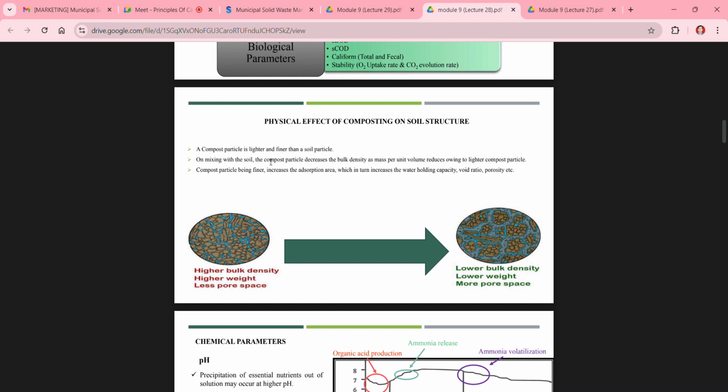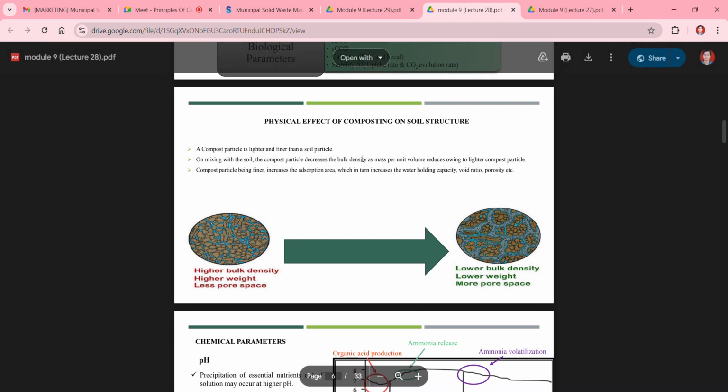It is understood if we mix a higher density powder with a lower density powder, the total density is going to be in the middle. So during the mixing process, we need a lower density material for compost.